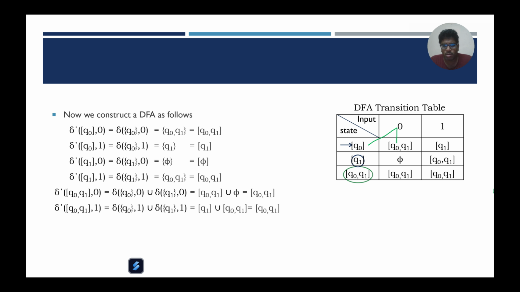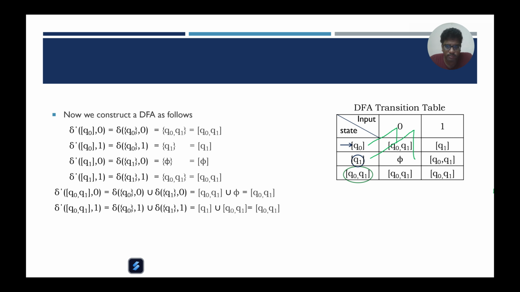Next Q1 on 0 moving to the state 5. Now we are going to apply the union. Again you are going to get the Q0, Q1. So delta of Q0, Q1 on 0 gives the Q0, Q1.